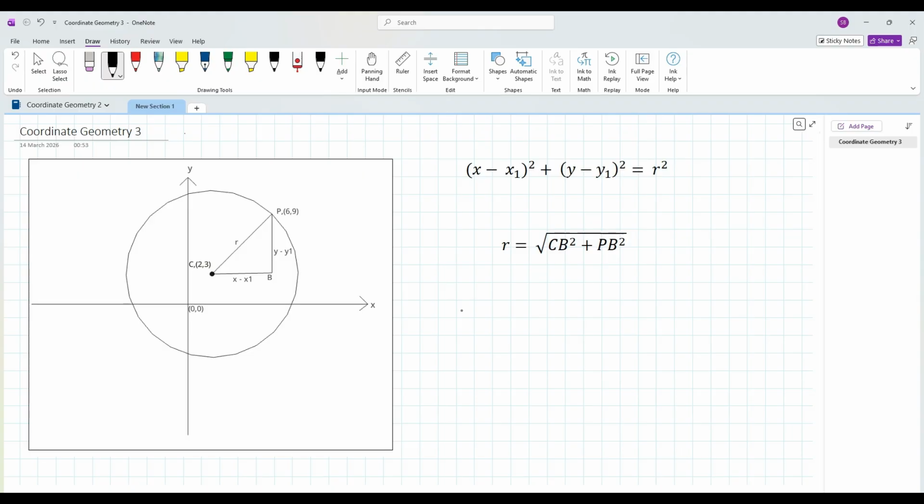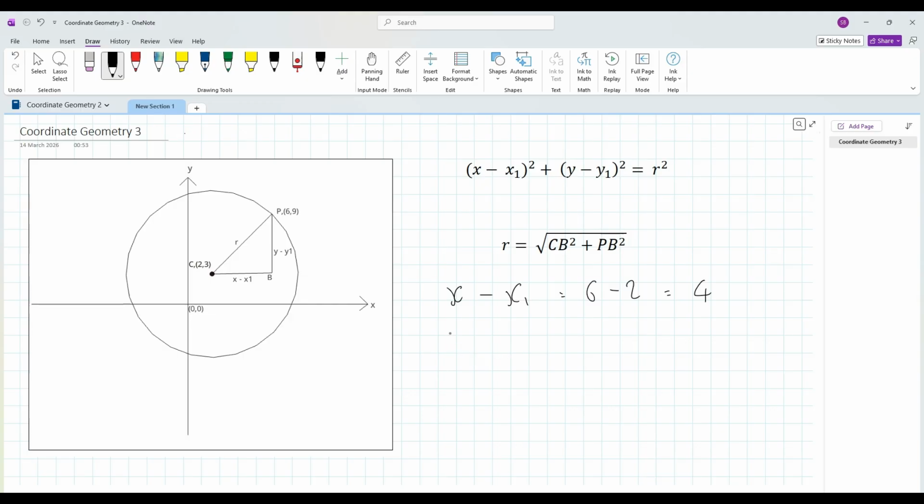So where do we go from this? Well, we have to calculate the lengths of the sides of the right-angled triangle. And this is nothing but x minus x1 equals 6 minus 2 equals 4.